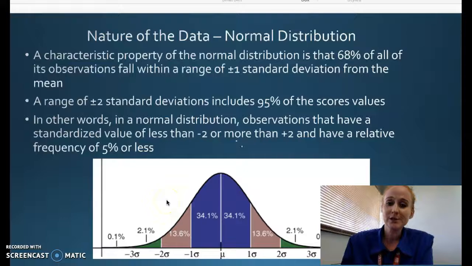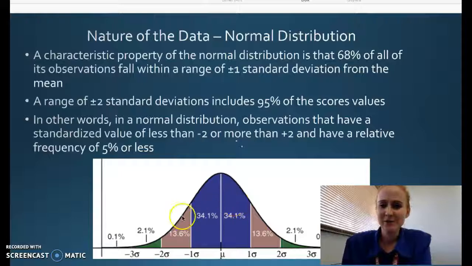In other words, in a normal distribution, observations have a standardized value of plus or minus what the average is. When we get to 3 standard deviations out, you see this green shaded area here, then we're getting to 99% of values.